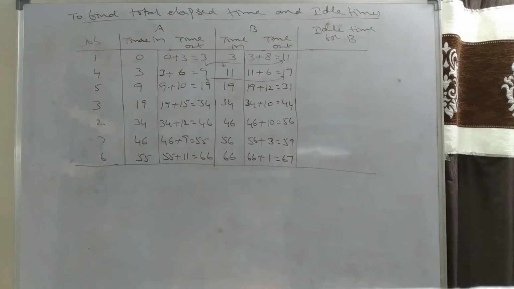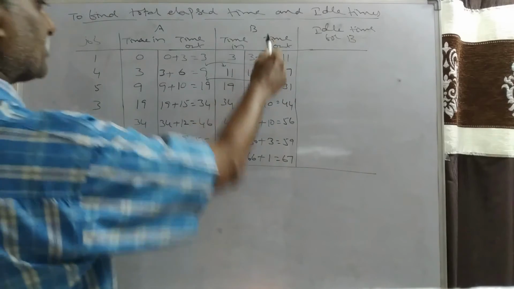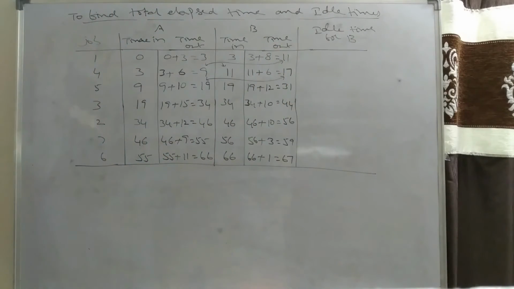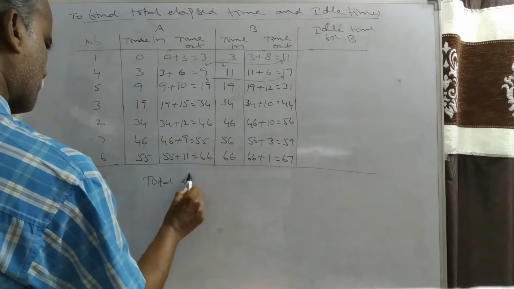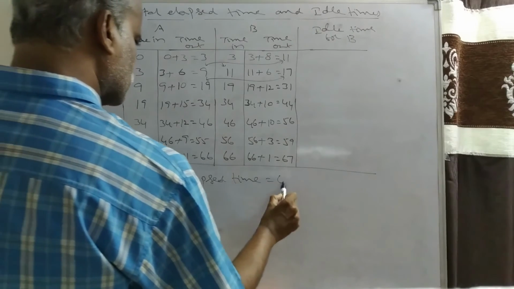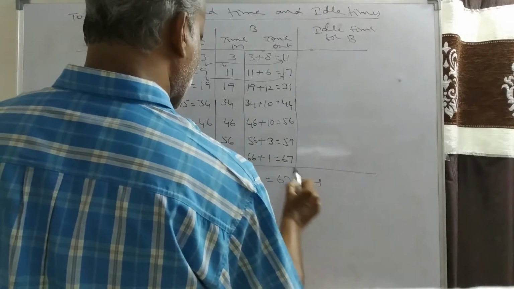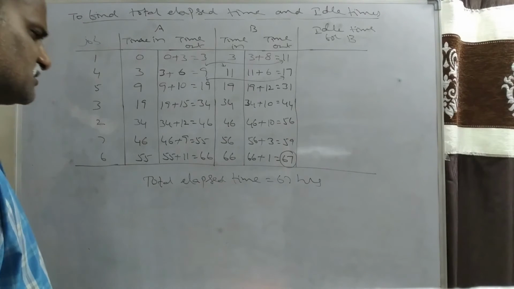Okay, so therefore the time when the last job completed on machine B is 67 hours. So that is total elapsed time. Total elapsed time is 67 hours.